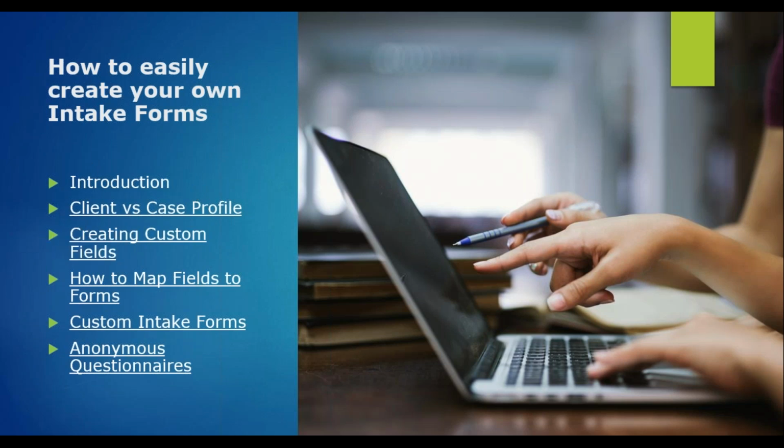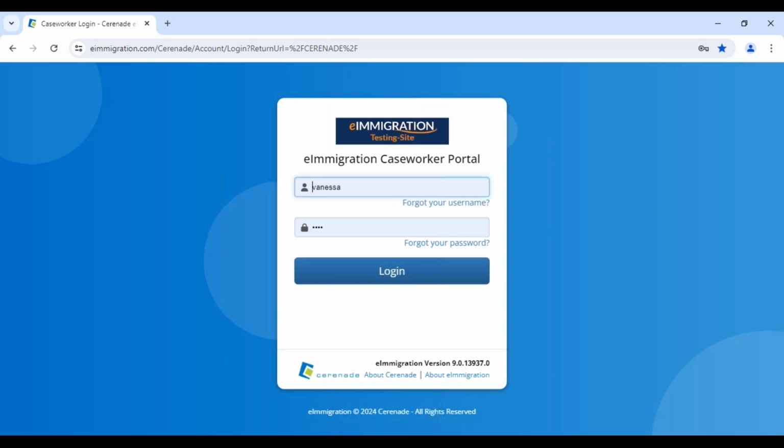All right, so let me show you what the client versus case profile is. Let me first log in to the caseworker portal. All of you have access to a caseworker portal, but not everyone has access to the administrative portal.